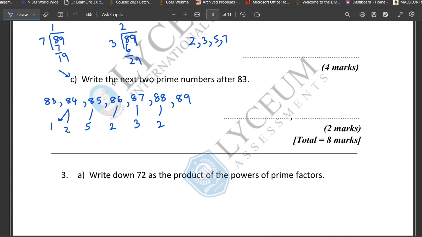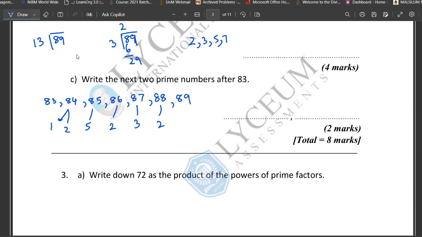13 times 5 is 65. 13 times, let's check 7.